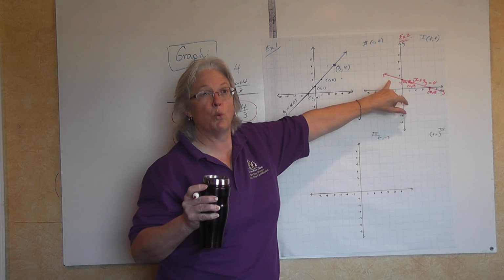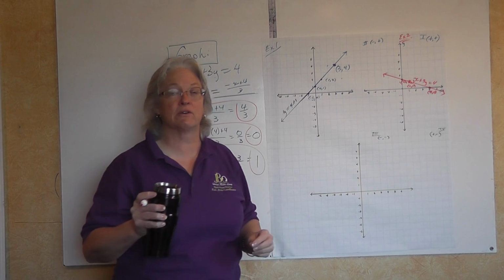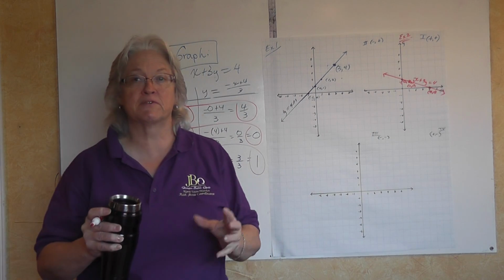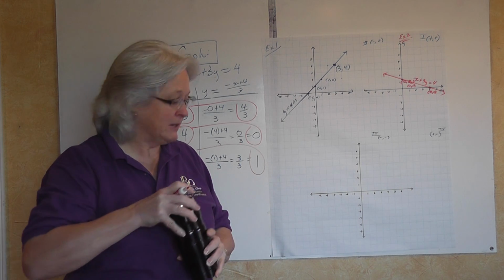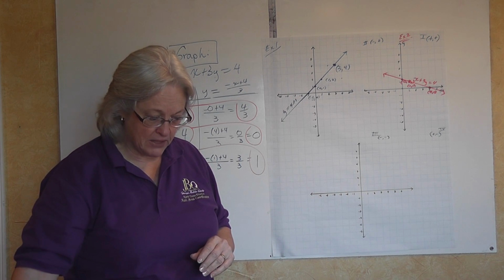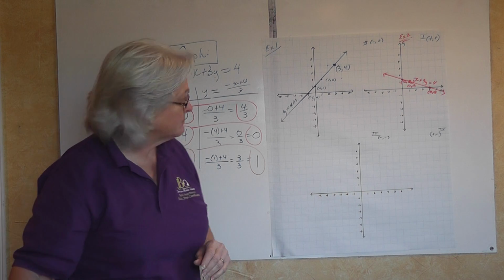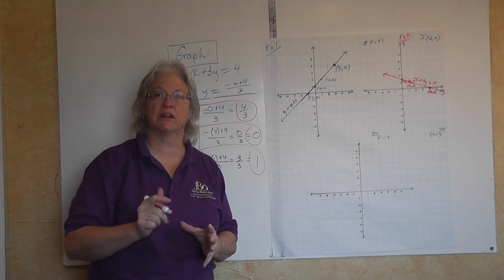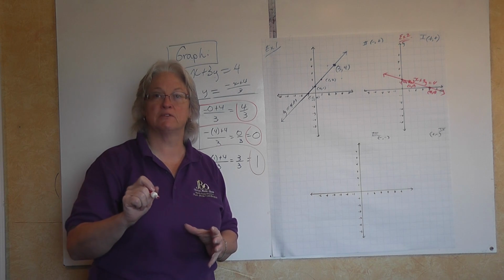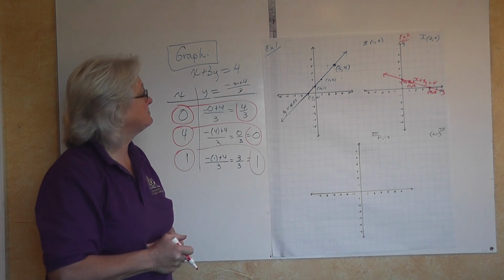Where it crosses the y-axis, it's the y-intercept. And these are very important, very useful points, and we're going to learn a little bit more about them in a moment. The y-intercept in particular is very, very important. It lets you graph the equation of a line very, very simply.